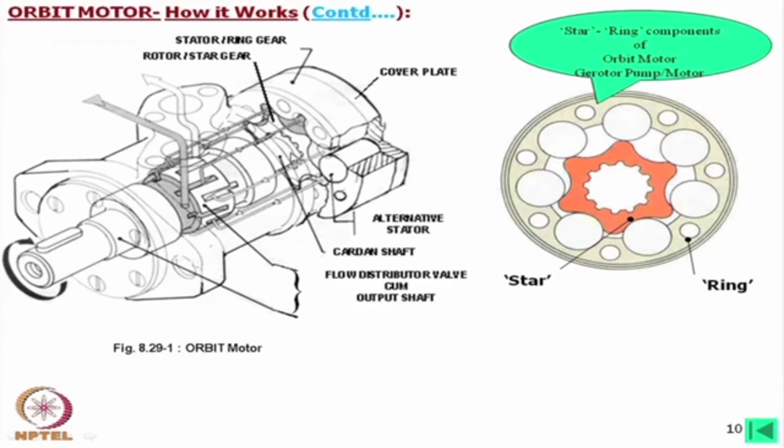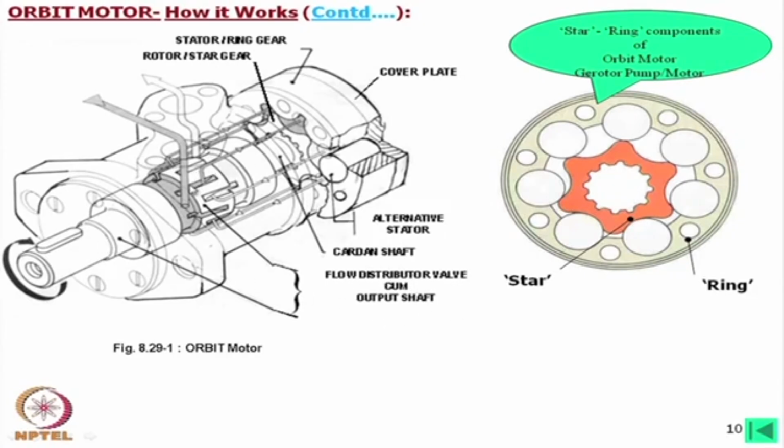Principle-wise it is the same as the universal joint, only in this case it is a two gear coupling at two sides. One is inside this shaft, another is on the star. Now, this shaft is integral with a flow distributor valve.